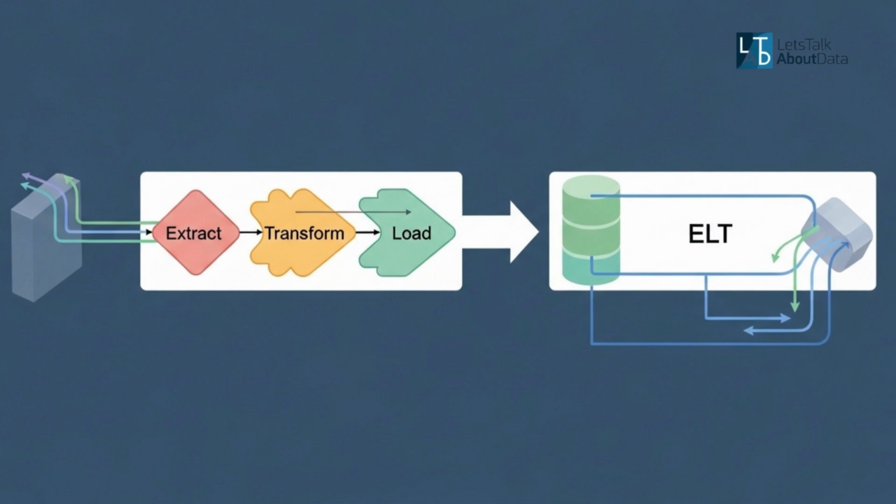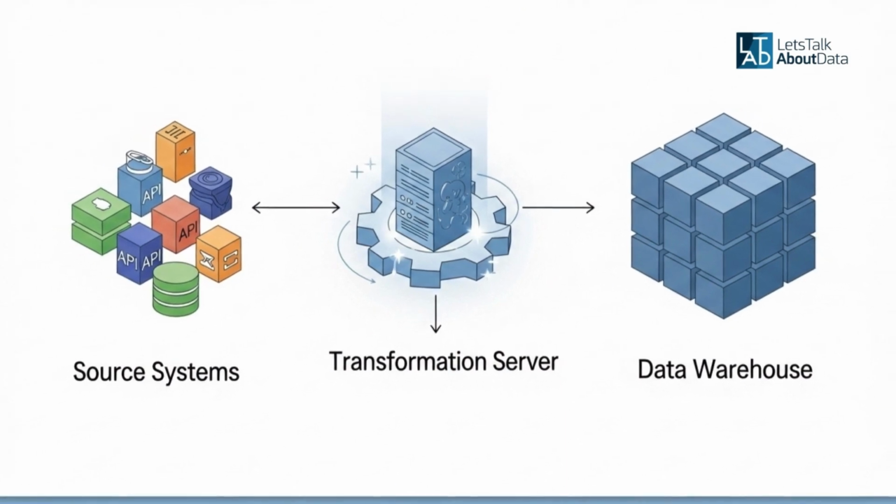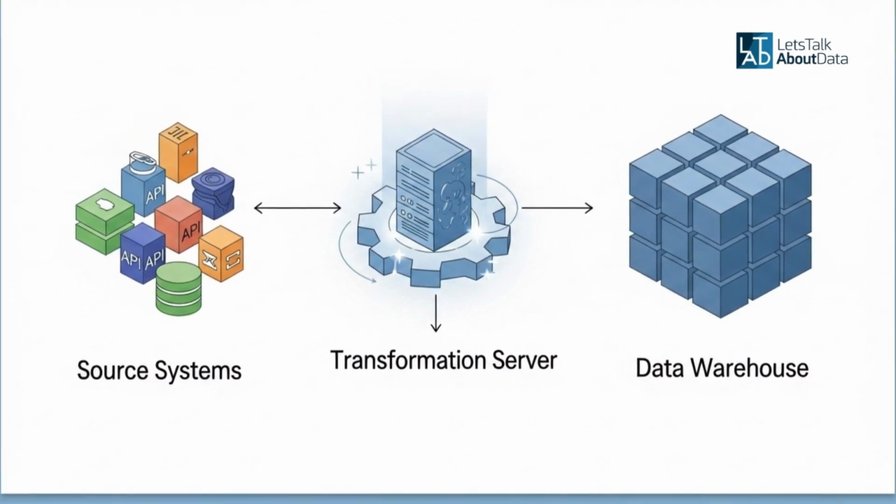Let's break it down. For decades, the go-to pattern was ETL, extract, transform, load. Data was extracted from source systems, transformed on a separate server, and then loaded into a data warehouse. The transformation step involved cleansing, aggregating, joining, and structuring the data to match business requirements before it ever reached analysts.